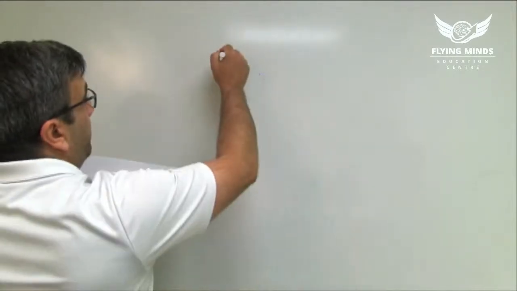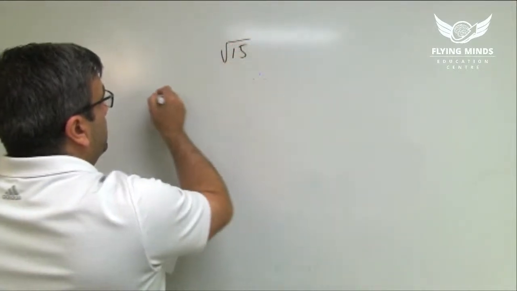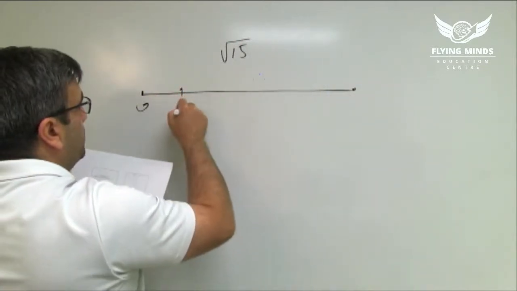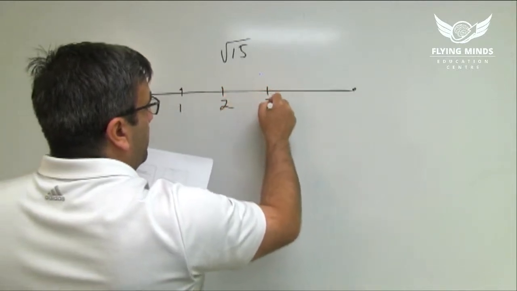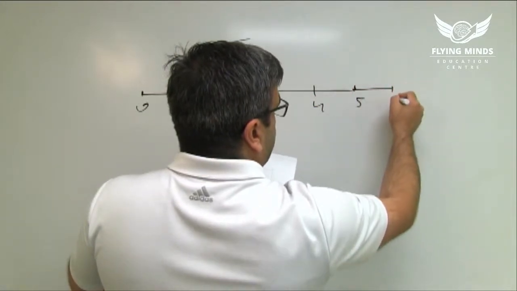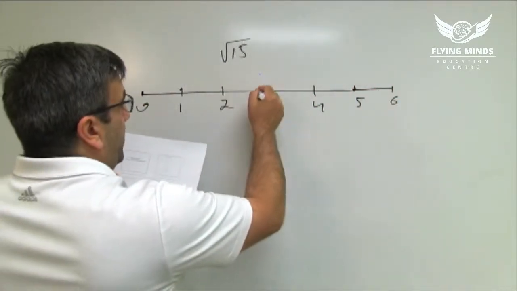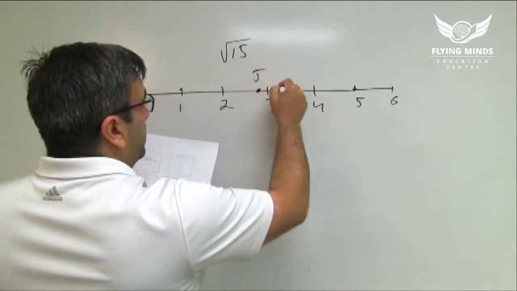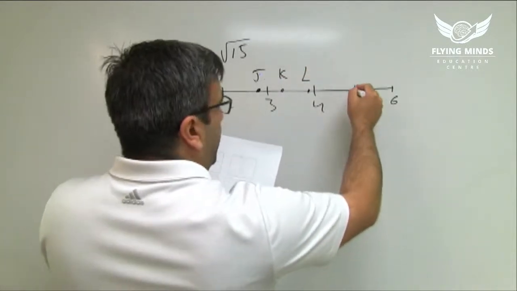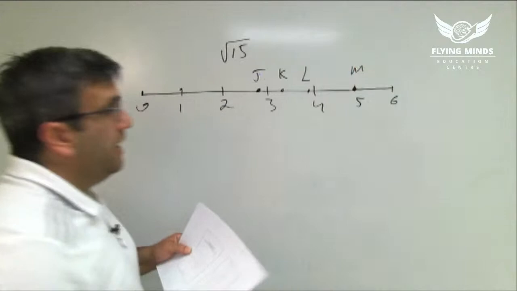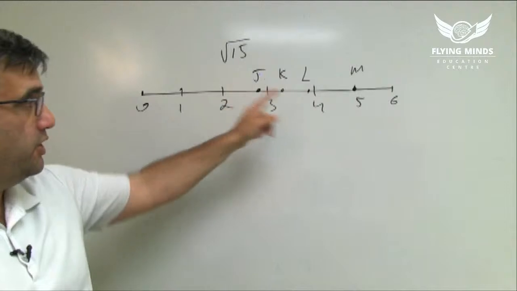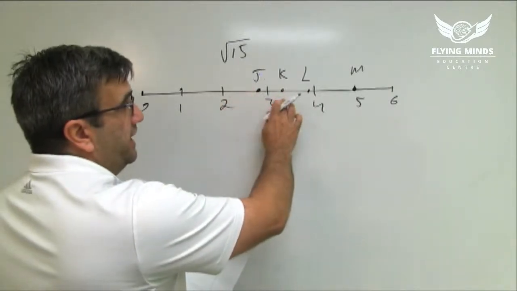We have a number line 1, 2, 3, 4, 5, and 6. We have letter J here, K here, L here, and M here. To what letter is the square root of 15 equivalent, where is it located? Is it J, K, L, or M?